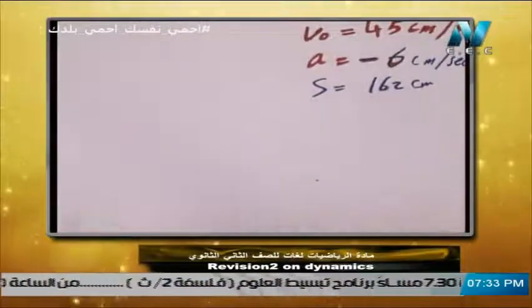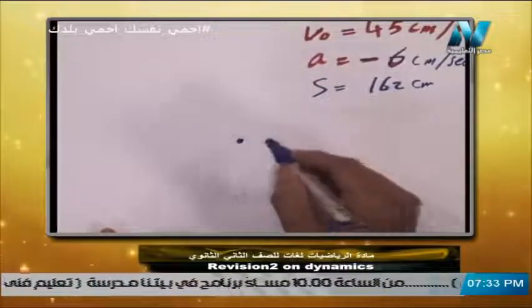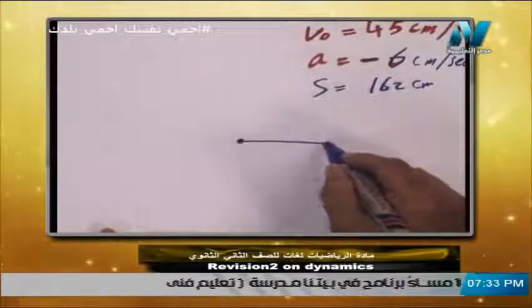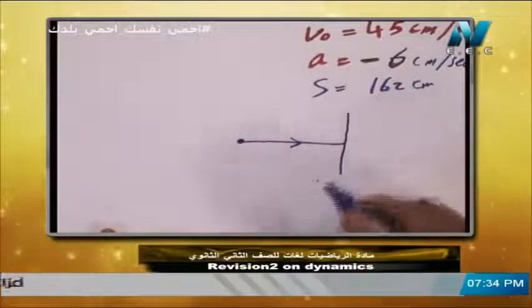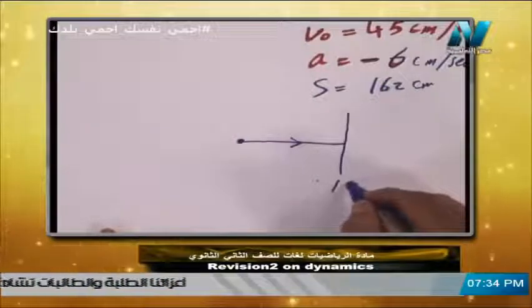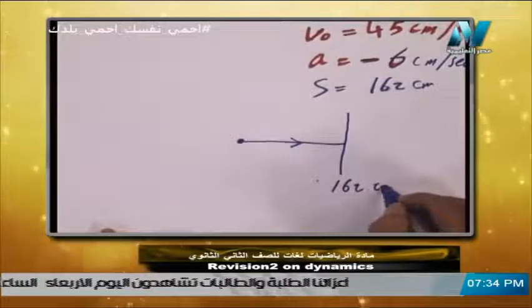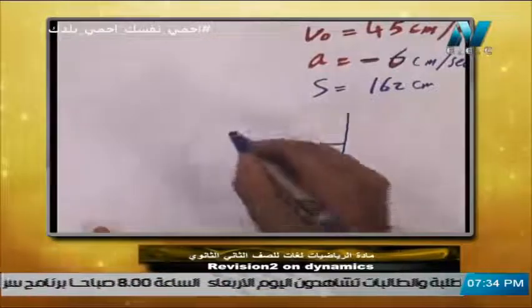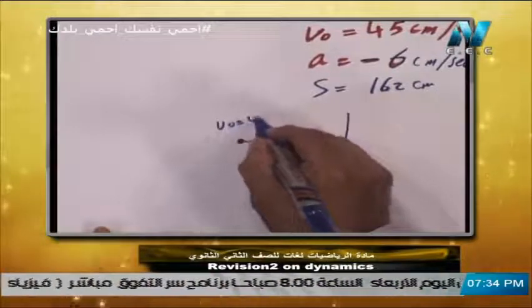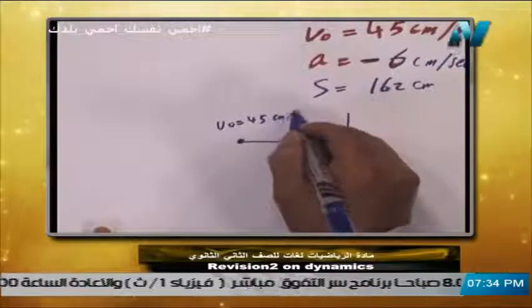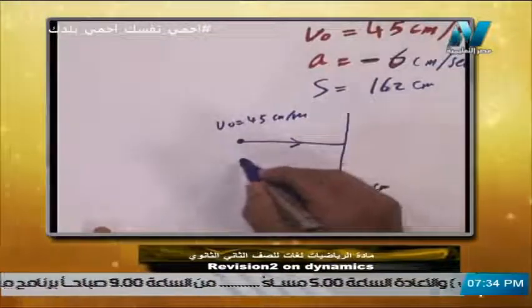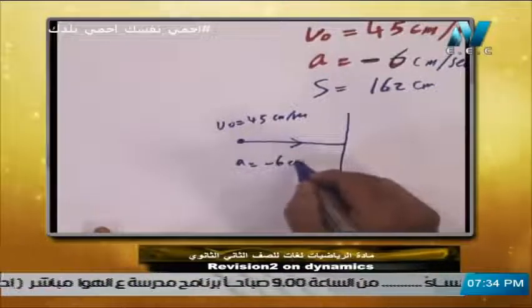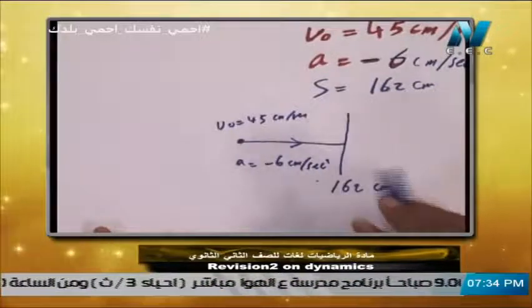Okay, let's concentrate. We have a body pushed against wind to reach 162 centimeter, and we have V naught equal 45 centimeter per second, and deceleration, A equal negative 6 centimeter per second square.